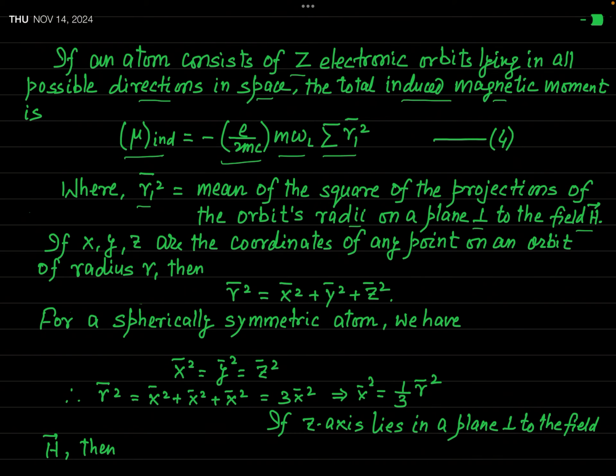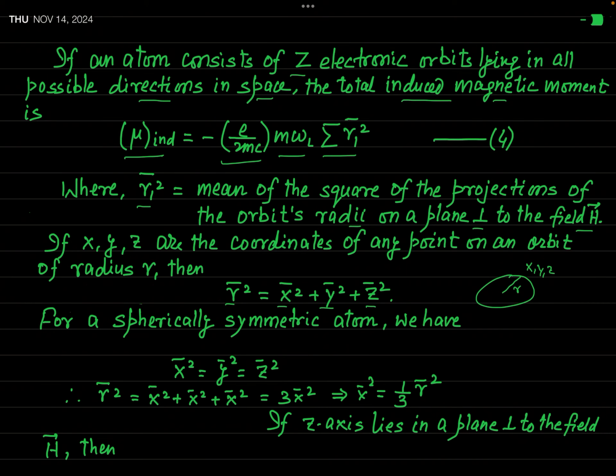Now let us consider that on this electronic orbit there is a point whose coordinates are x, y, z, and its radius is equal to r. Then the average value of r square will be equal to average x square plus average y square plus average z square.